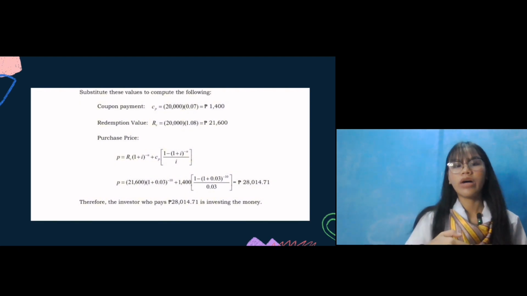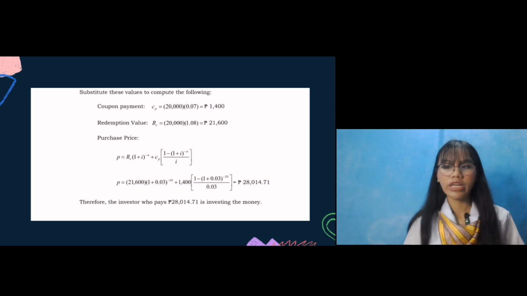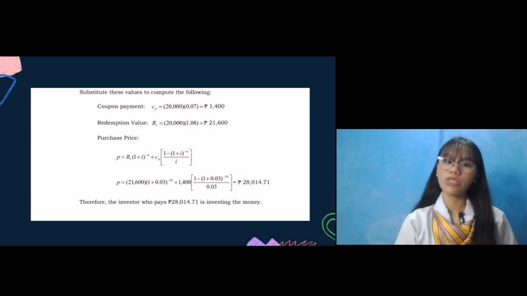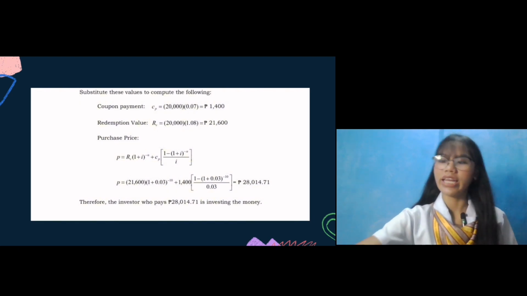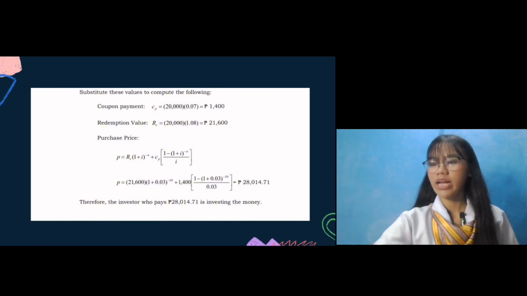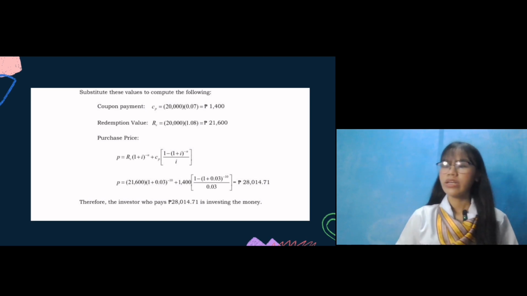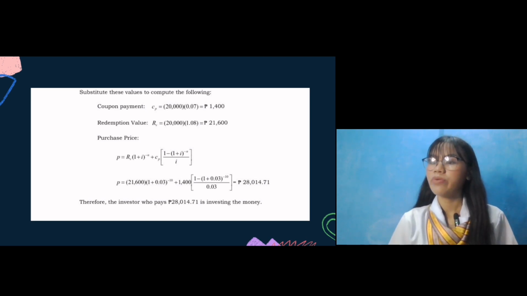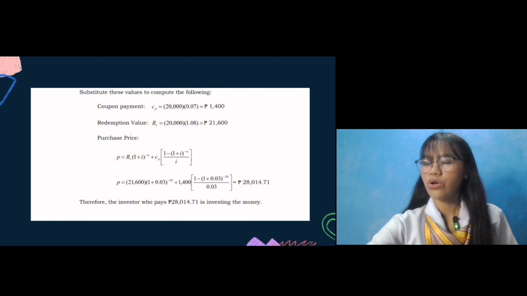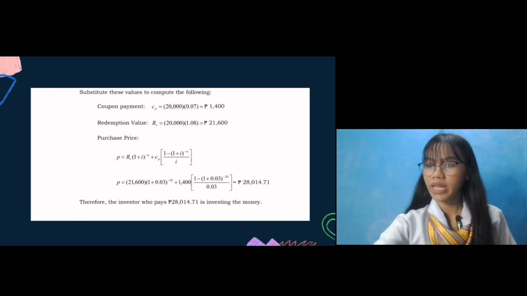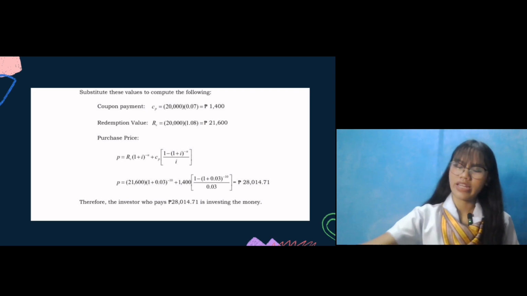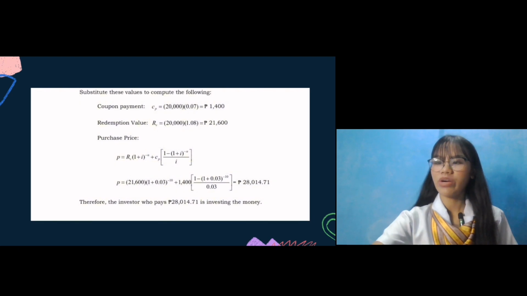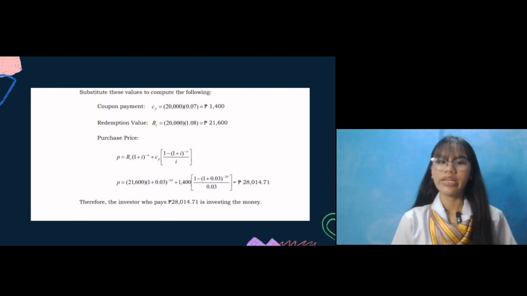In our denominator, it is 0.03 because we need to substitute the I. Now, if you solve it in your calculator, our answer would be 28,014.71. So, the investor who pays 28,014.71 is investing the money. That is our purchase price for this problem.